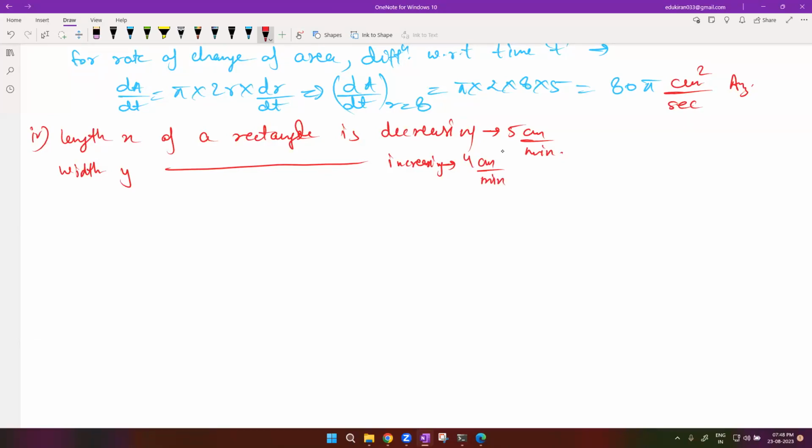Now, when x is 8 and y is 6, find the rates of change of the perimeter and area of the rectangle. You basically have to find these two things.